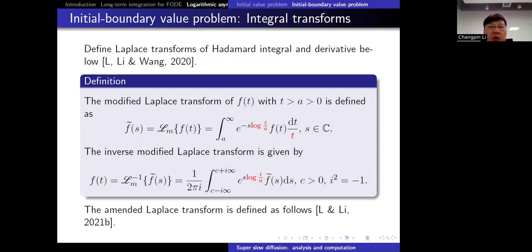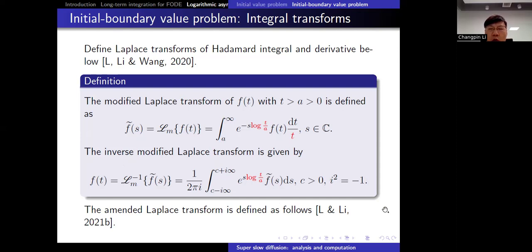Now we introduce some integral transforms for the Hadamard integral and Hadamard derivative. This is the modified Laplace transform of f of t with starting time a positive. Then we can get an inverse modified Laplace transform like this.